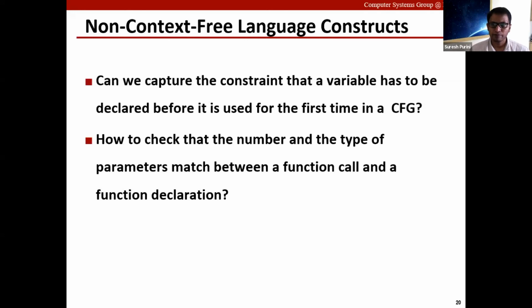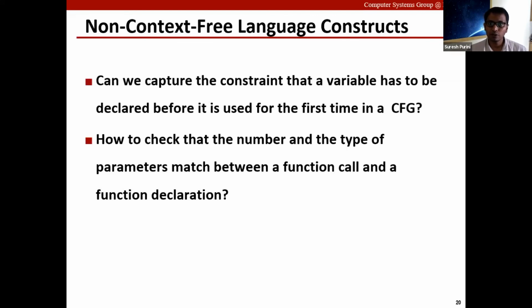Okay. And the other interesting thing is, if you make a function call, the number and the type of parameters in the function call may not match with the function definition. Okay, is it possible for you to enforce this constraint, that when you make a method call, the number of parameters and the type of parameters match the signature or the prototype of the function?